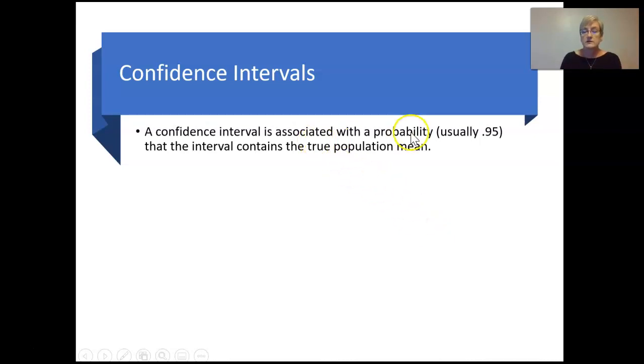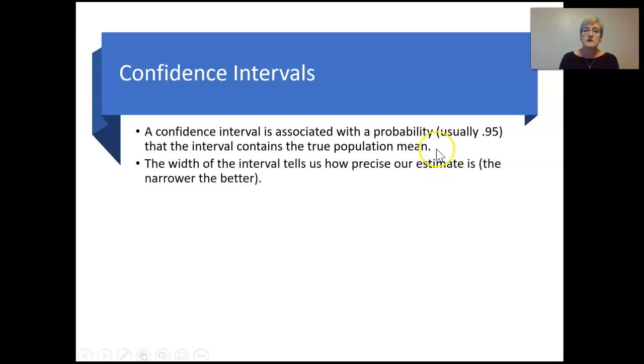A confidence interval is going to be associated with a probability that your sample represents the true population mean. And again, if you were taking a mathematically oriented statistics course, you would be doing a lot more discussing and practicing with the more detailed math that's behind all of this.